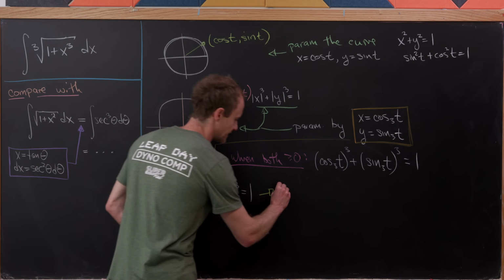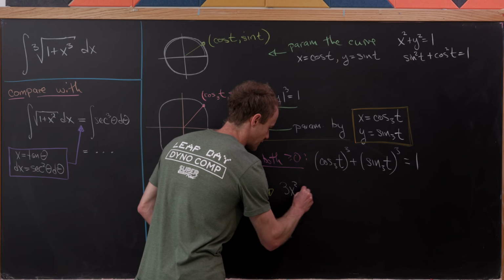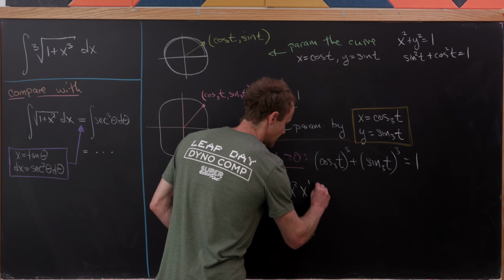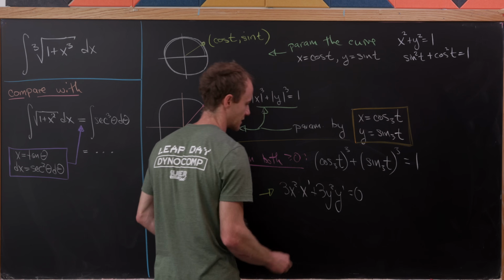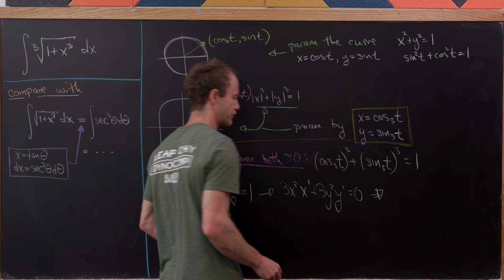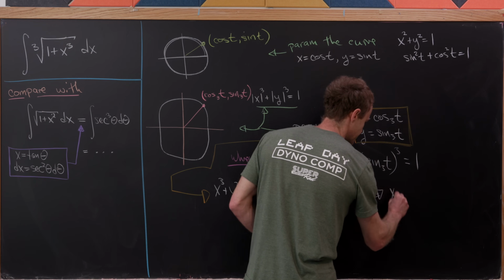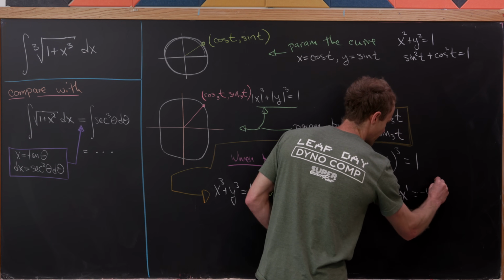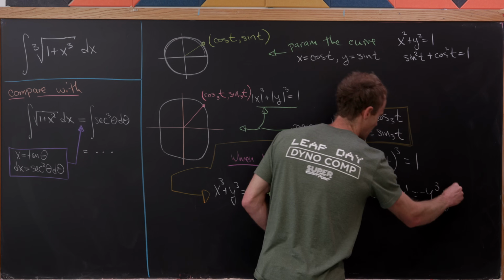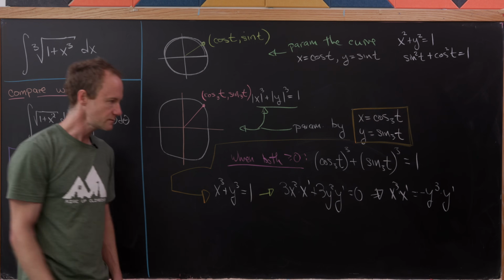So differentiating this formula, we get 3x squared times x prime plus 3y squared times y prime equals 0. But then we can pretty easily move some things around to get x squared times x prime equals negative y squared times y prime.